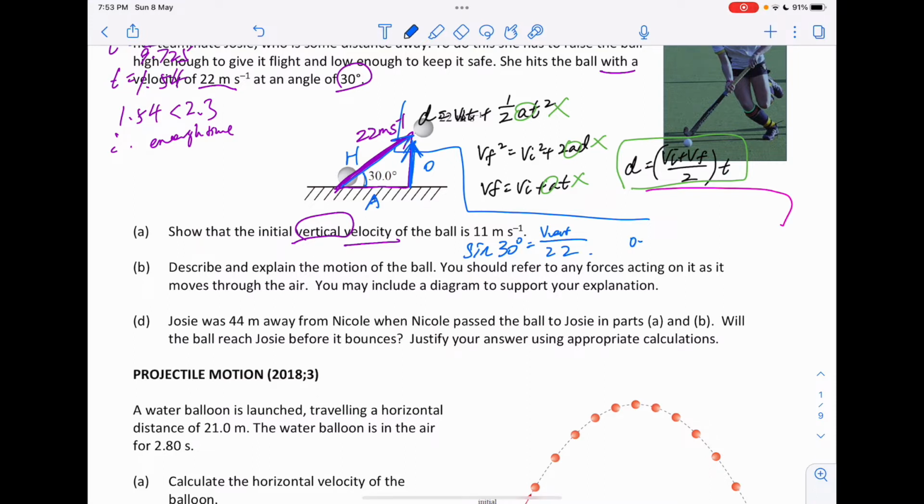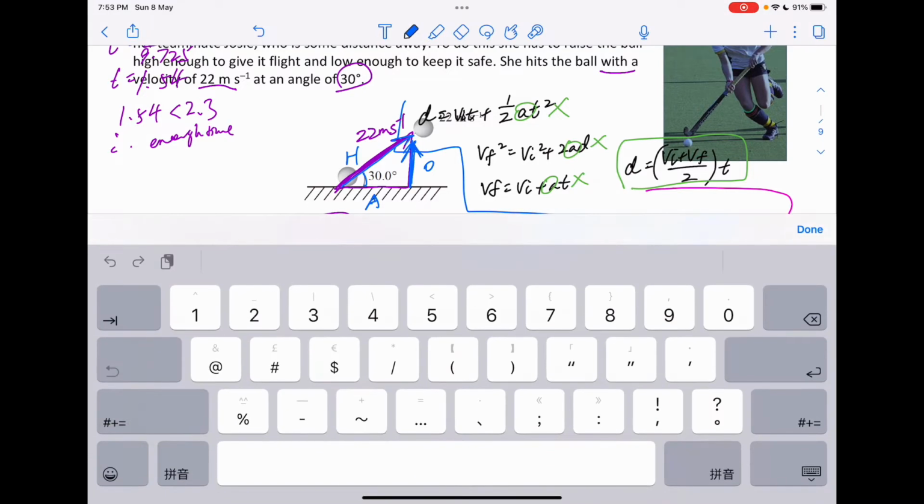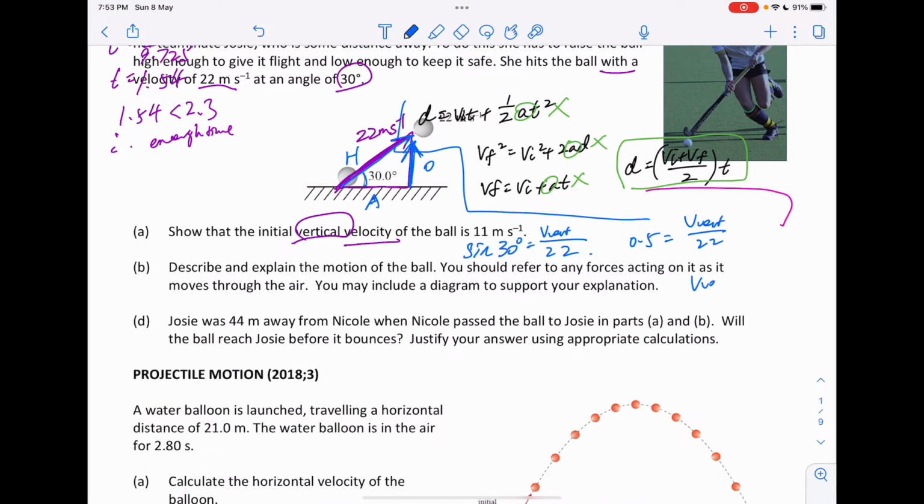So 0.5 equals v vert over 22, and v vert equals 0.5 times 22, which is 11. Okay?